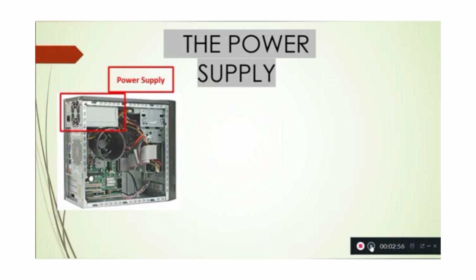You can see the power supply metal box in the corner of the cabinet. The power cord and the cooling fan are also visible in the cabinet.